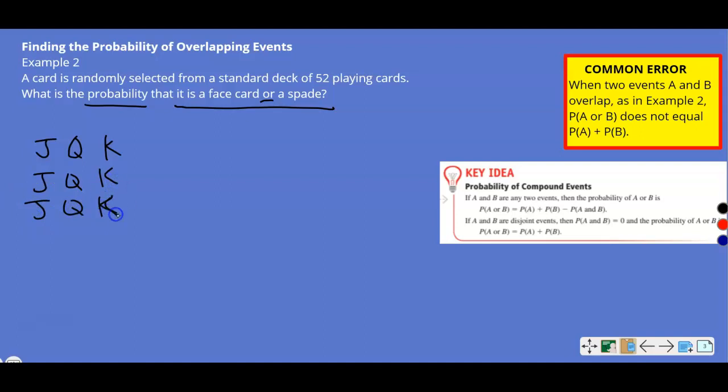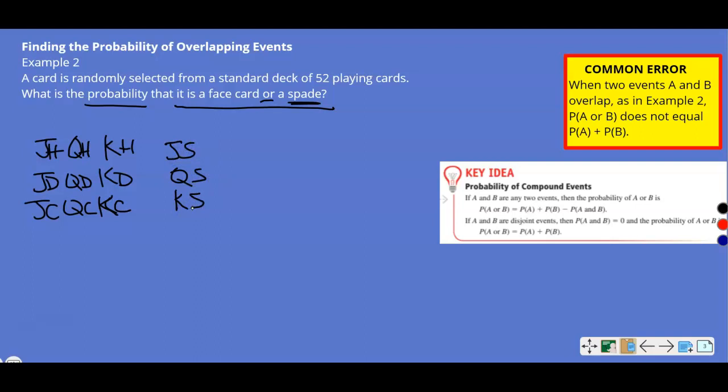So we have a jack, a queen, and a king for, let's say, hearts. And let's say diamonds. And clubs. And spades. So we're going to have a jack, a queen, and a king of spades.